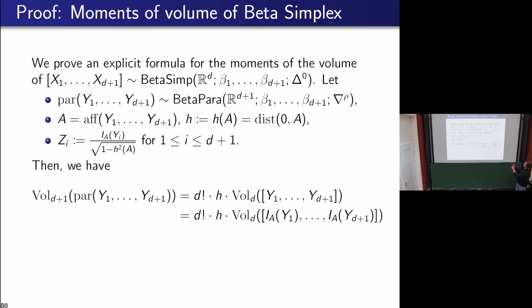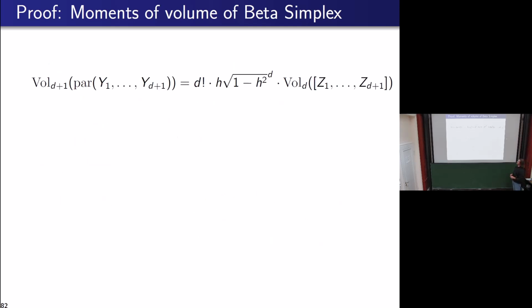We then can embed the points into R^d, which will not change the volume because the isometry preserves distances. And then we can write these points as Zi, and for this we have to pull out square root of 1 minus h squared to the power of d. So we end up with this relation, which is this one.